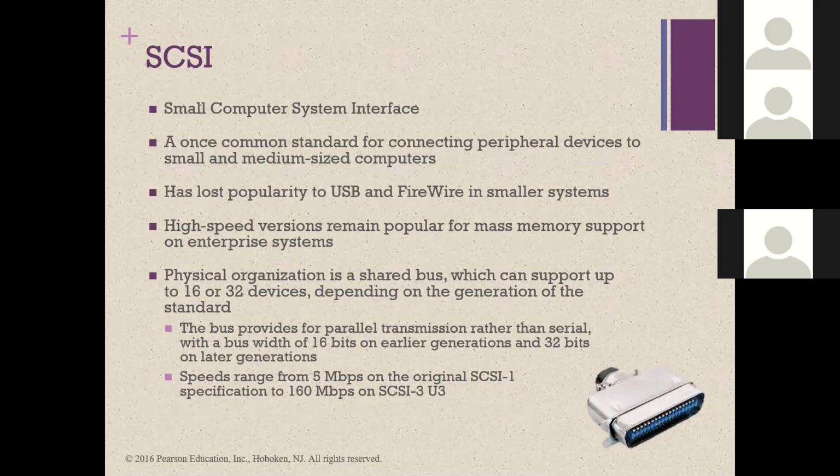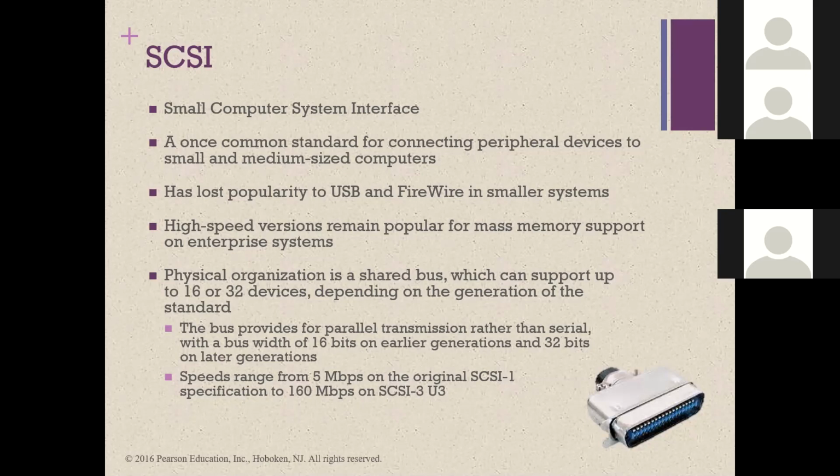And then the SCSI, small computer system interface, which was once the common standard for connecting peripheral devices such as disk, modems, printers, and so on, to small and medium-sized computers. Although the SCSI has evolved to higher data rates, it has lost its popularity to such competitors as the USB and the FireWire in smaller systems.